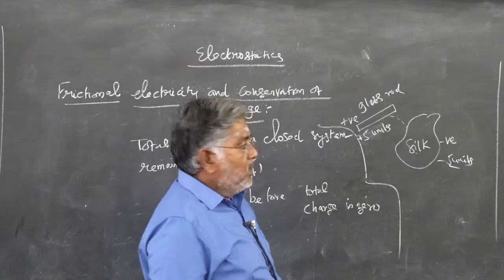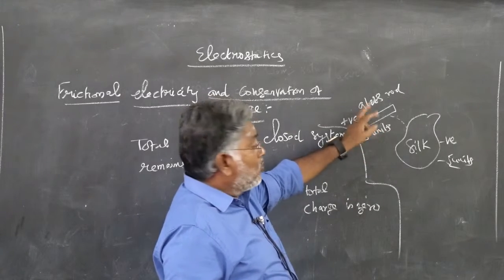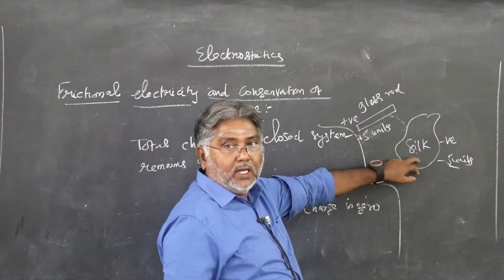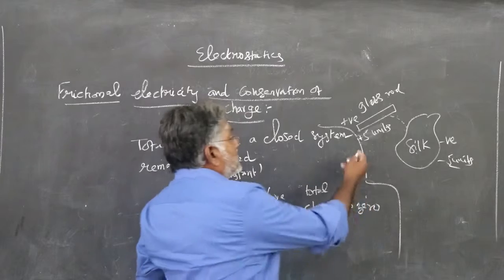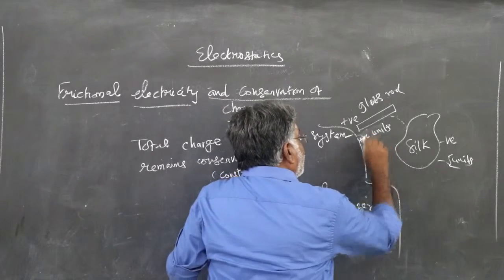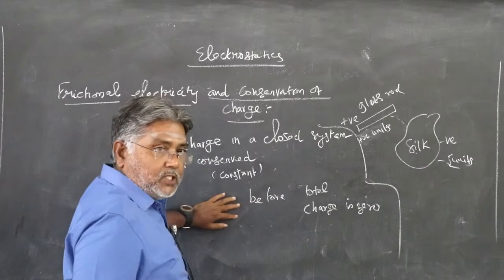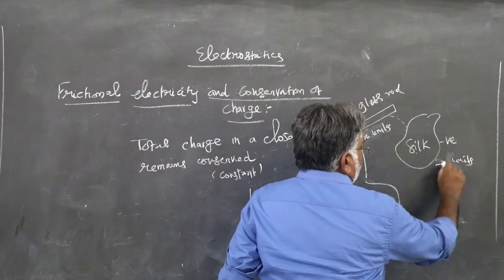Do you understand that? However many electrons the glass rod loses, so many electrons the silk cloth will gain. If you want to generalize, let's say the glass rod has plus x units of charge, then the silk will acquire minus x units of charge.